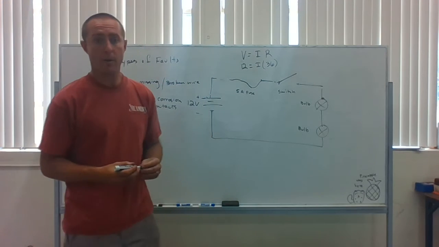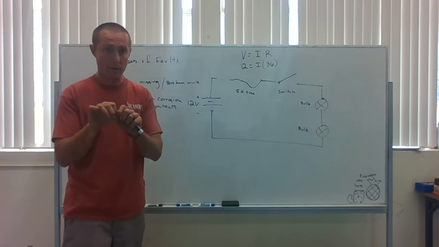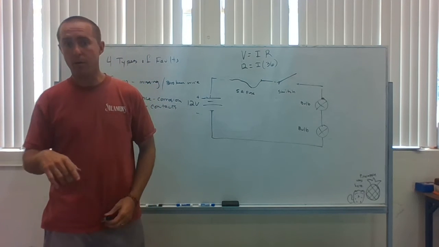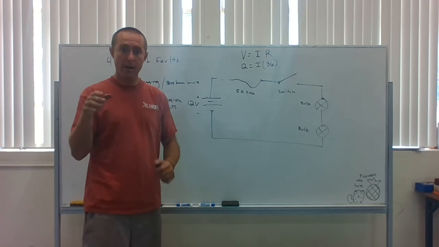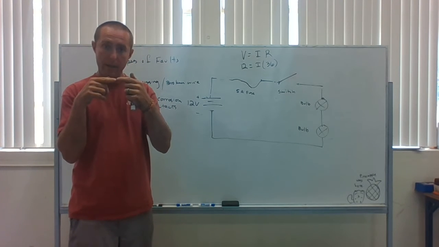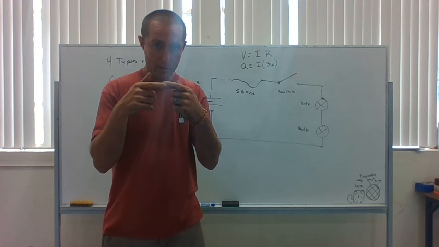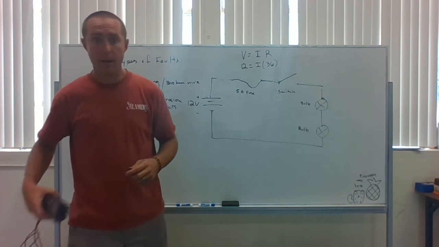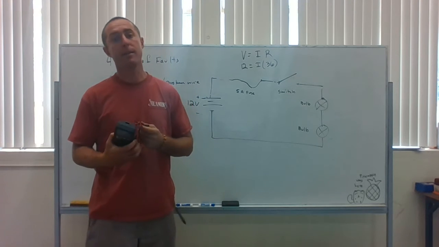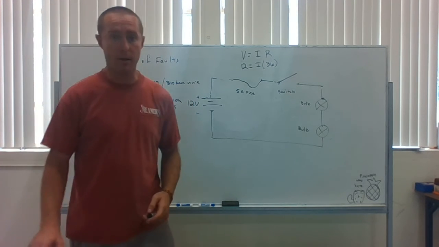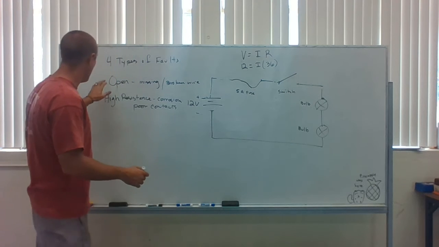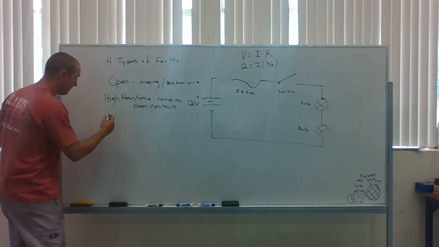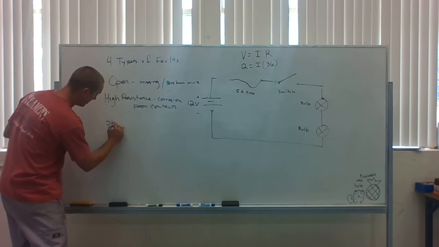When you have wire connections, of which there are a ton in your car, typically through a wiring harness, if something gets wet in there, you get corrosion, and corrosion's not as conductive as copper to copper, so you don't have as good a contact. It shows up on the meter as high resistance, and then we usually just clean that contact or replace that contact. So we have open, we have high resistance. The next one would be short to voltage.